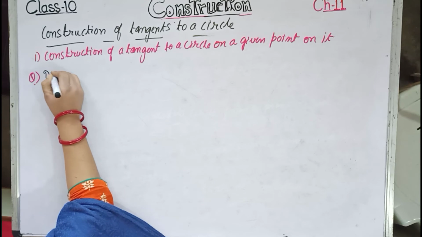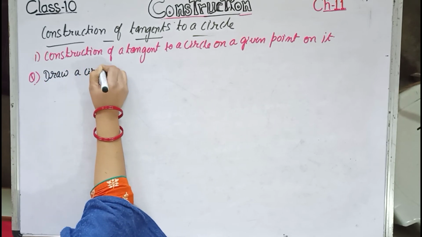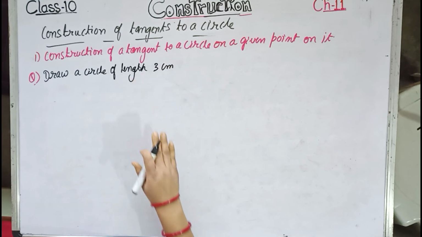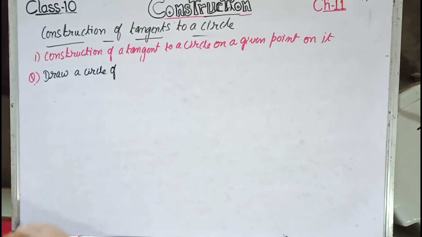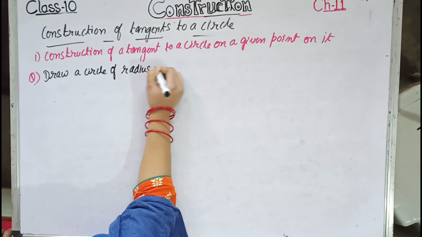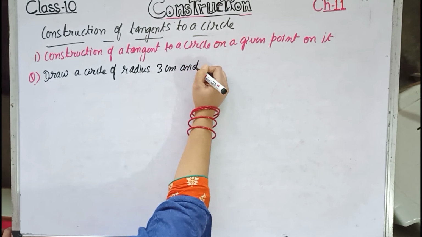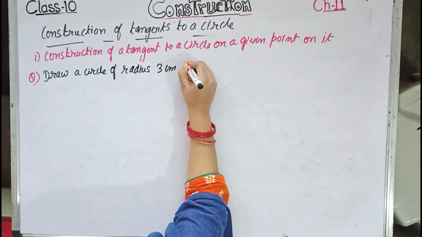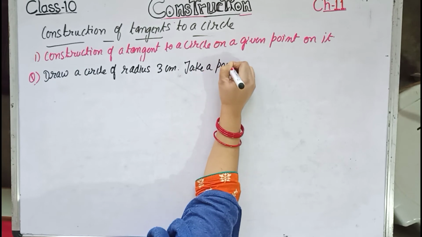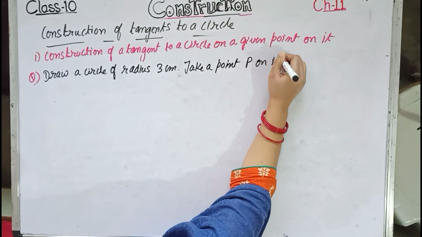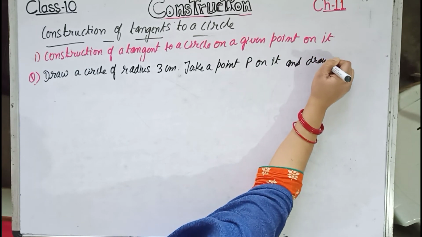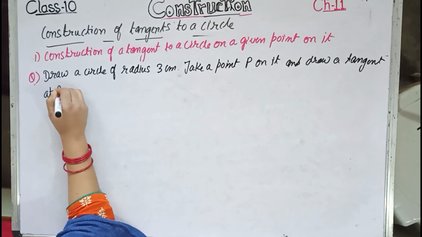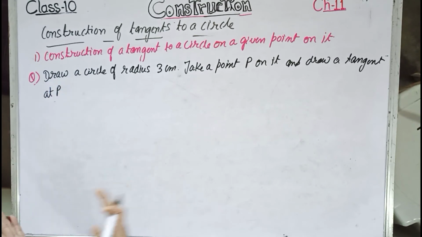So I am writing, draw a circle of radius 3 centimeter, and take a point P on it and draw a tangent at P. So over here it is not mentioned that you don't have to use the center, so we will be using the center over here.